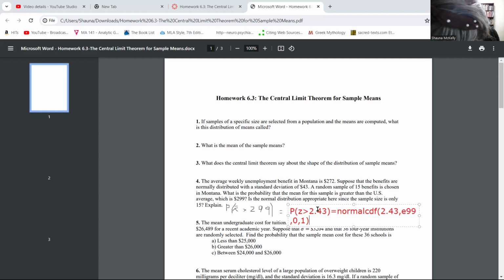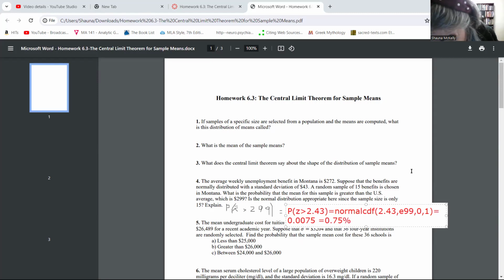When I do that, this answer is going to be equal to 0.0075, which is 0.75%.